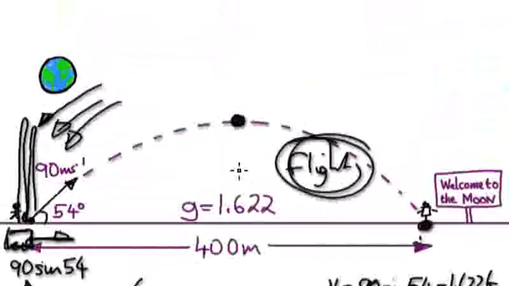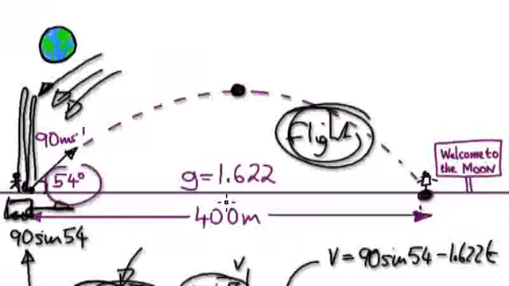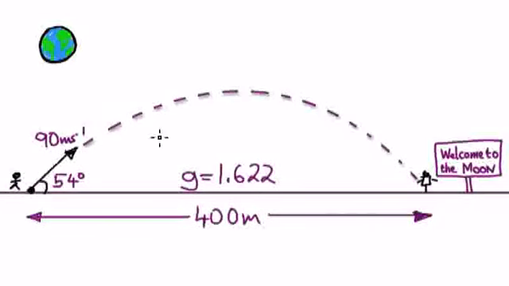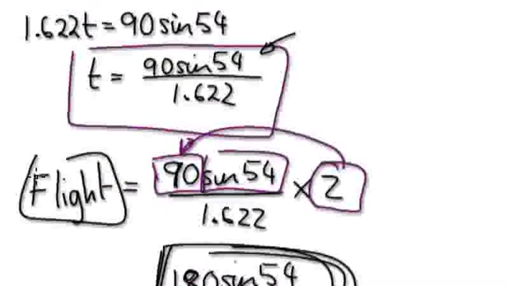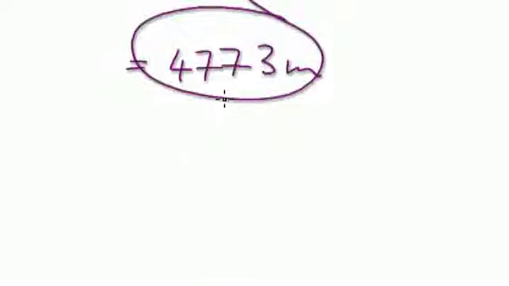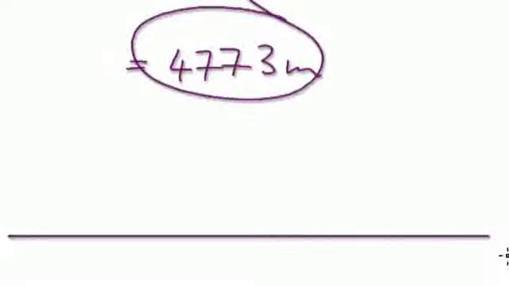So really, when you shoot a cannonball at 90 meters per second on the moon at 54 degrees, well, we have missed our target by miles. What's happening is that we are here, and the scarecrow is here.